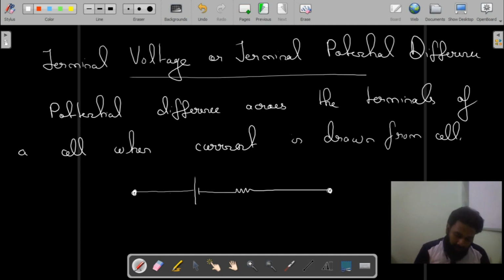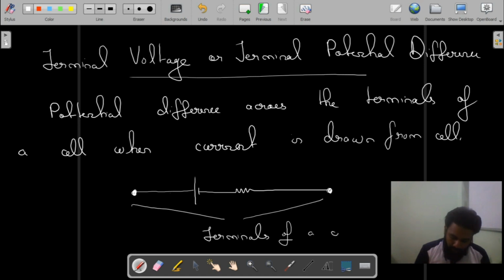So when I mark these highlighted two points, this is what is called the terminals of a cell. This is positive and this one is negative. So terminal voltage, or terminal potential difference, is the potential difference across the terminals of a cell when current is drawn from the cell.